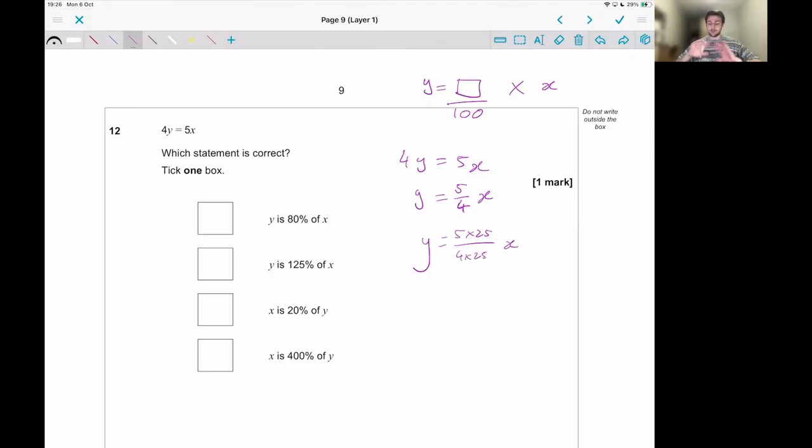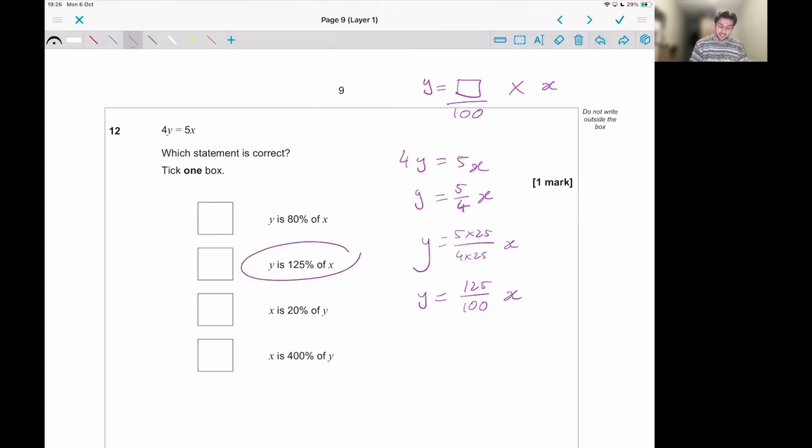And y still on the left. We haven't changed the left. Now we're going to do those two multiplications. We're going to get 125 divided by 100. And now you see we've got it in this format. And we said this number is the number that goes before the percentage of x. In this case, this number is 125.